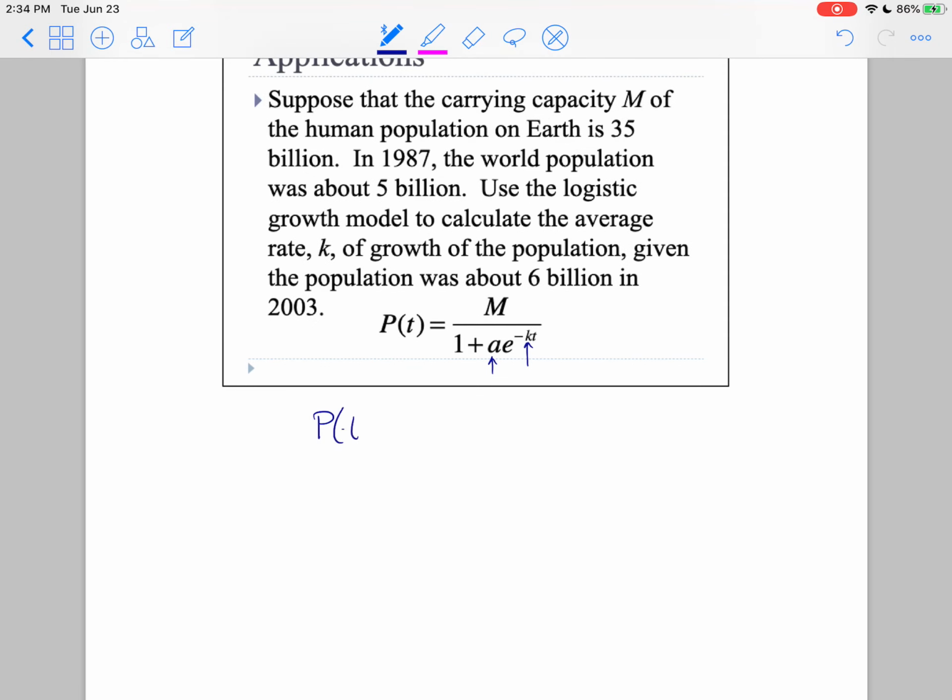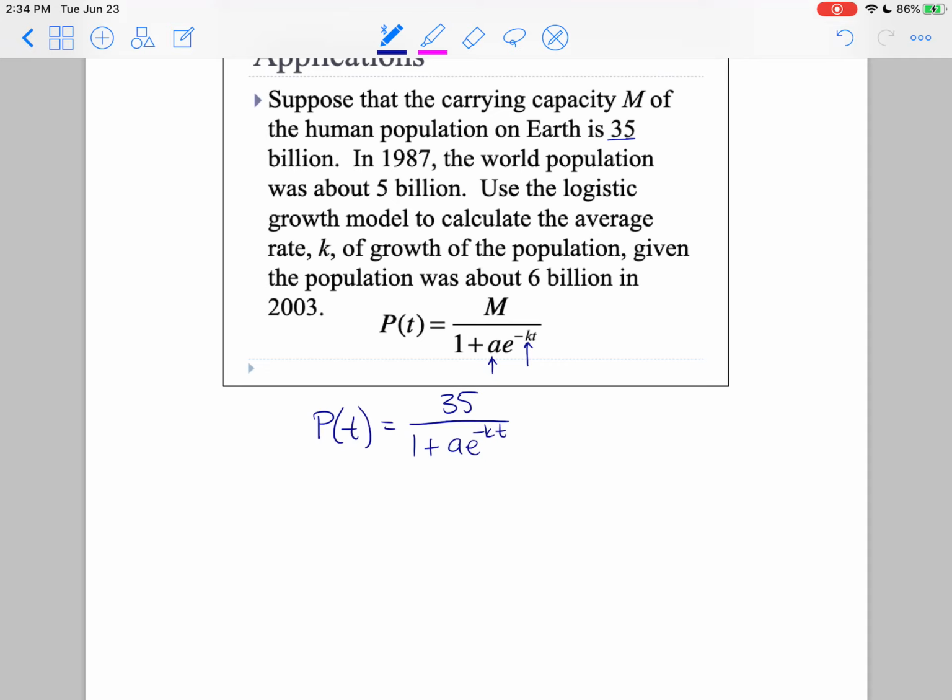So right now we know that the population model that we're looking to find is 35. I'm just putting this in for M. And again, P of t is going to be in billions here, so we don't have to write 35 with 9 zeros after it. And then 1 plus A e to the negative kt.